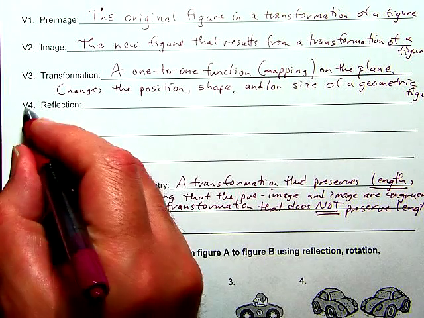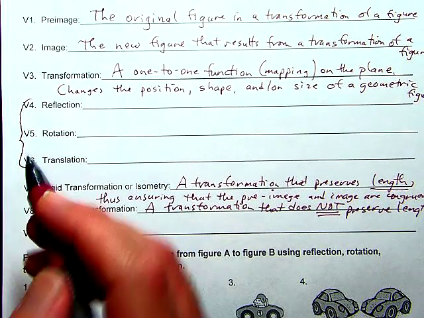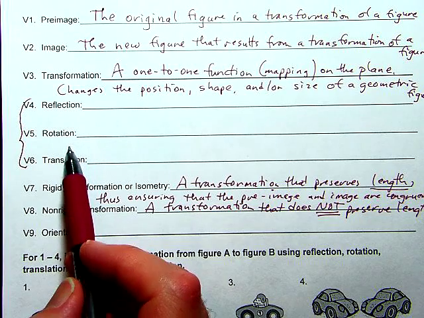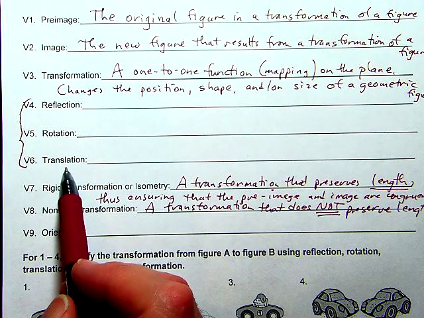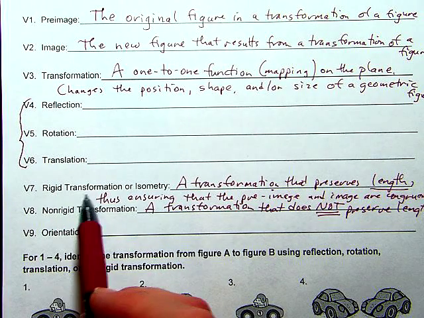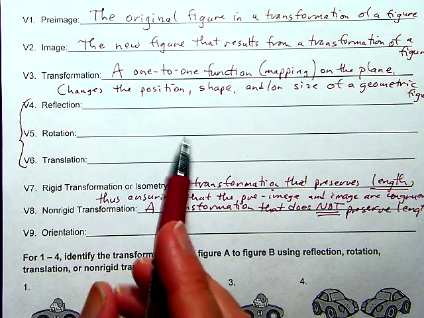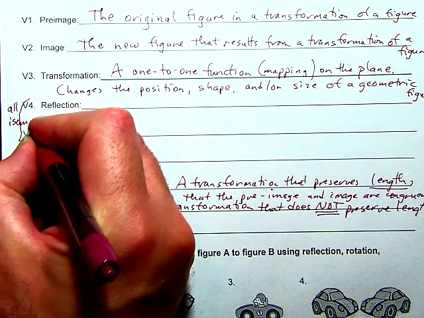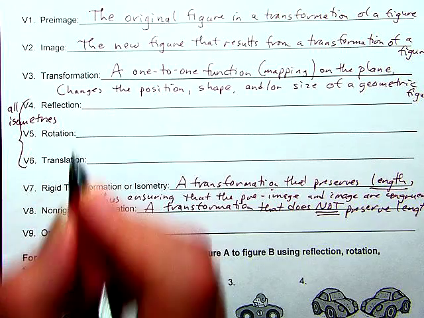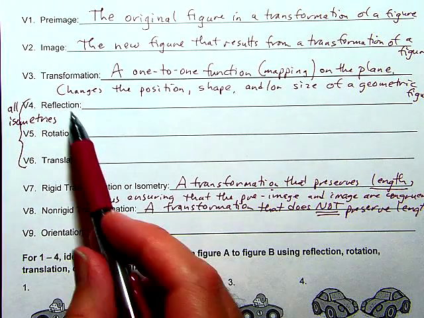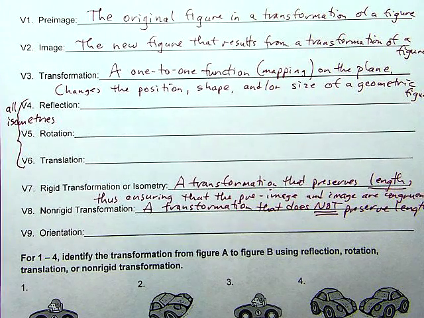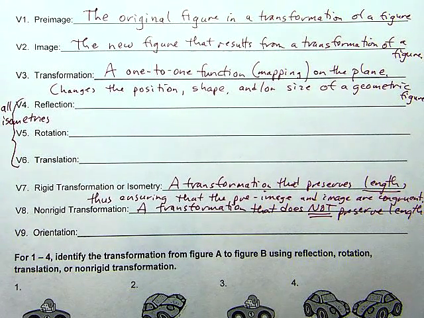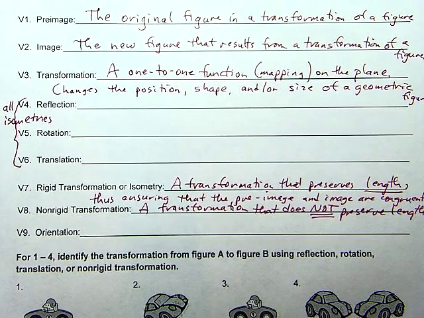Now, I want to point out that all three of these, reflection, rotation, and translation, are all rigid transformations. They are all isometries. So we can make a notation here. These are all isometries. Okay, the image that results from any of these is going to be congruent with the pre-image.